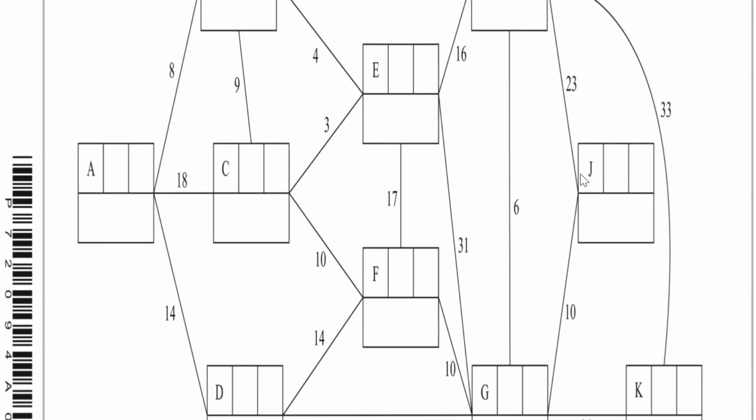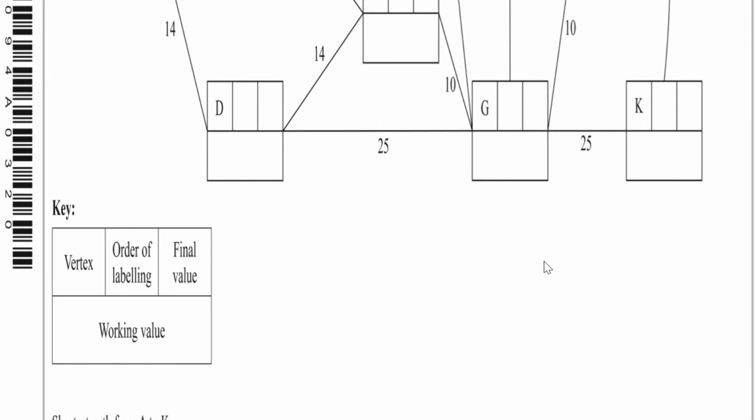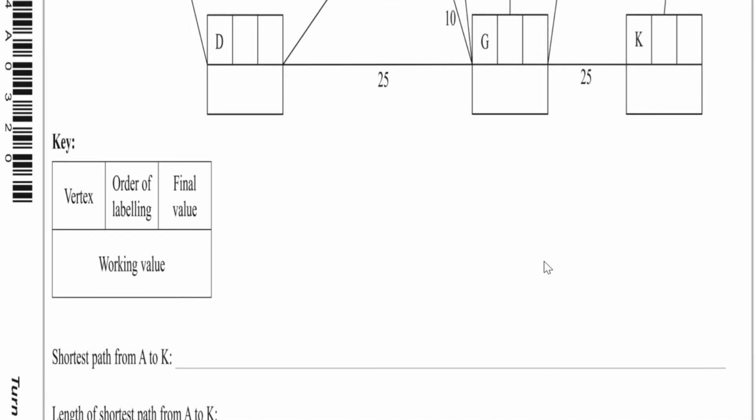So here we've got this diagram which we can use to help us find the shortest path from A to K, and we've got this key: the vertex, the order of labeling, the final value and the working value.